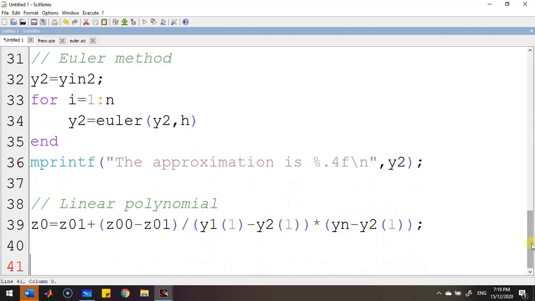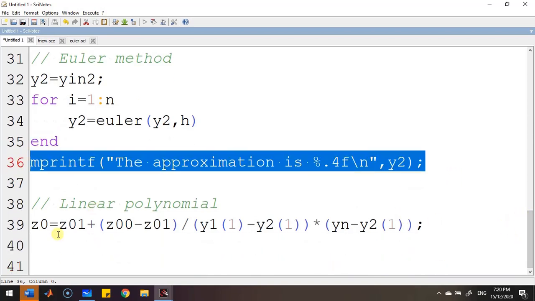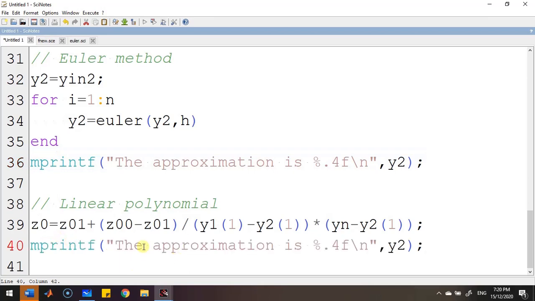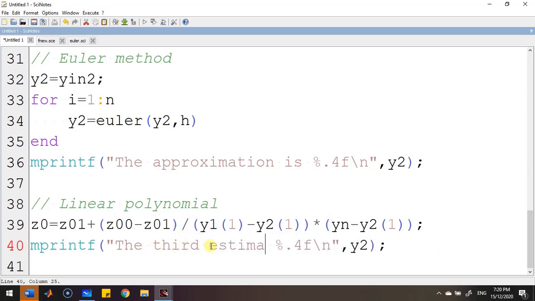Okay, so what do I have? I'm going to copy this, same thing again, where I'm going to write the third estimate: z0 equals percent f and z0.